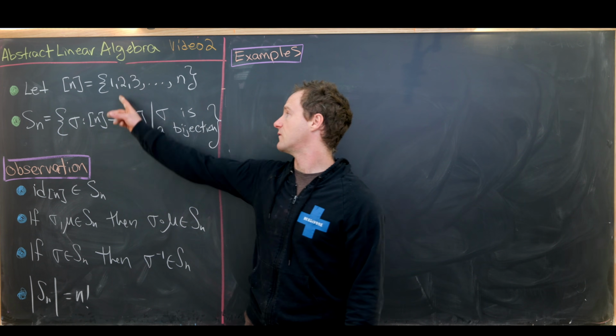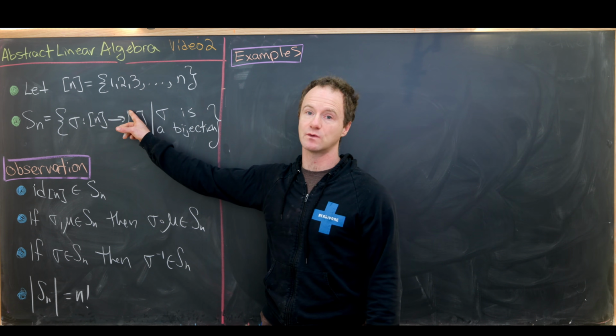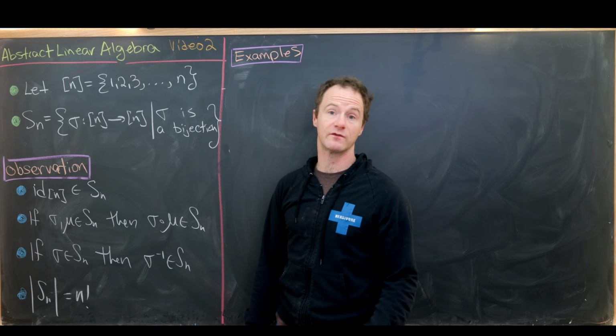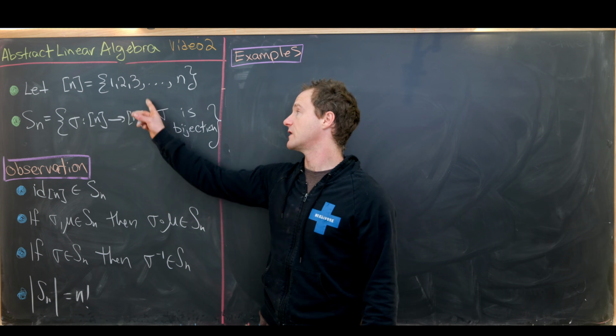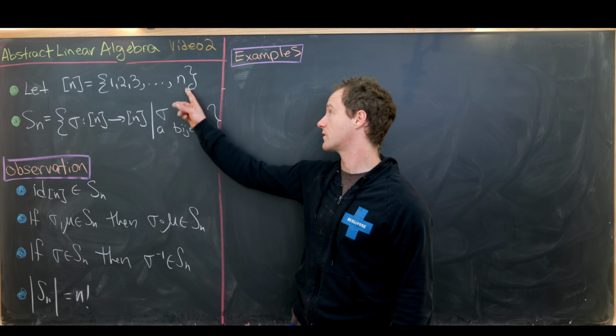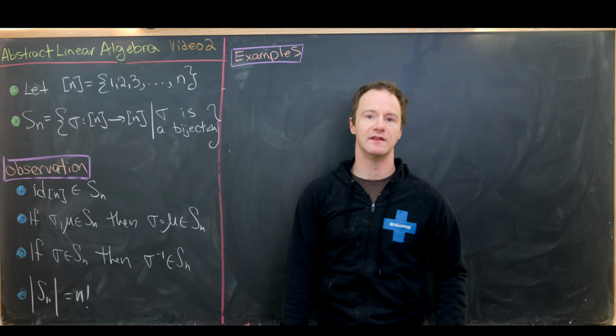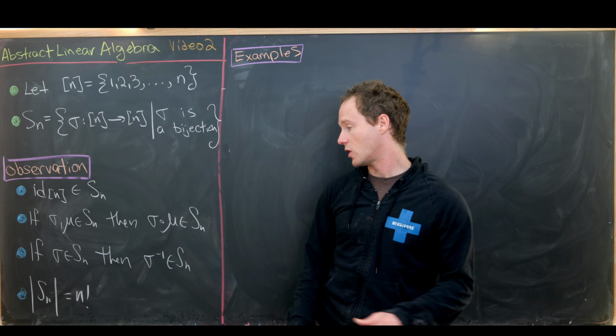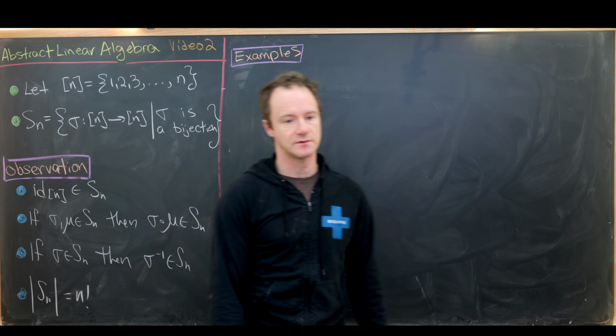And then if we move to 2, there are n minus 1 choices because we've used up one of them, and then for 3 there's n minus 2, and so on and so forth, all the way down to 1. Then by the multiplicative rule for counting we get n times n minus 1 all the way down, or n factorial.